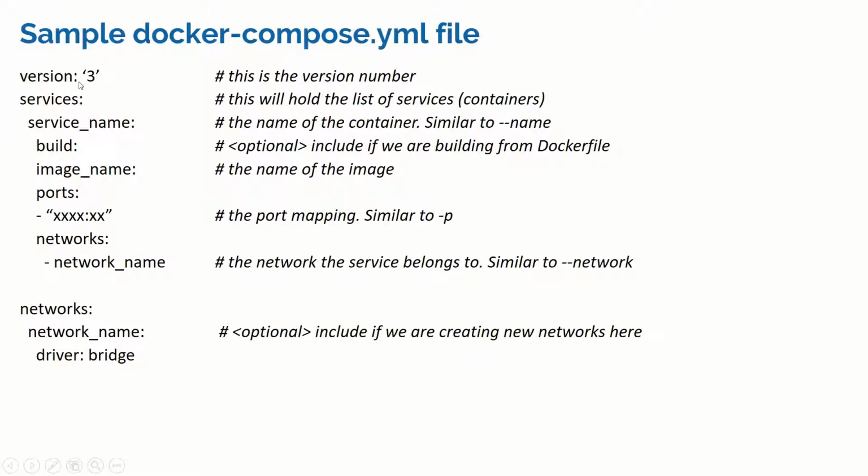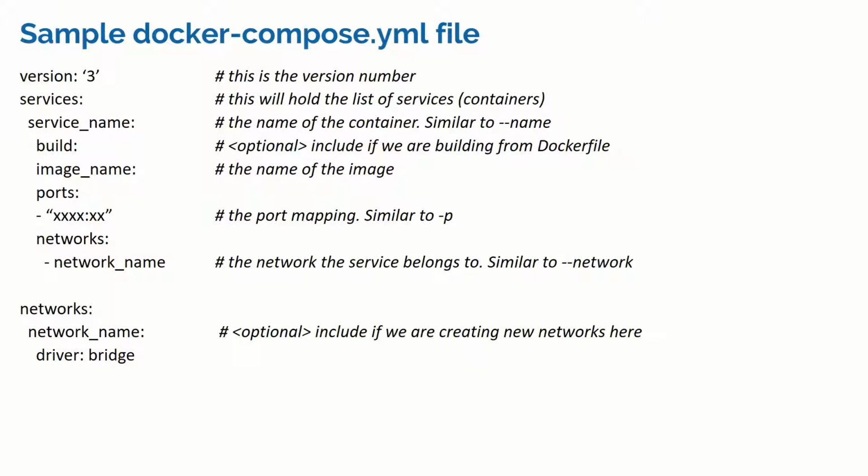And the next line will be the services. For services, you want to include various things like the service name. Sorry, services hold a list of the services, and you can think about it as a list of containers. Why? Because essentially every single container is a service by itself.